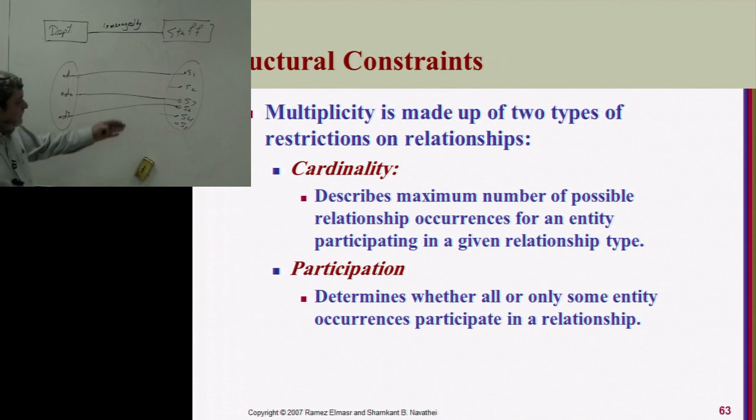Right? Now, if this is the case, how can we write the participation and cardinality, the multiplicity? So let us go one direction. Each department, we ask ourselves, the one department, each department, and we write here.